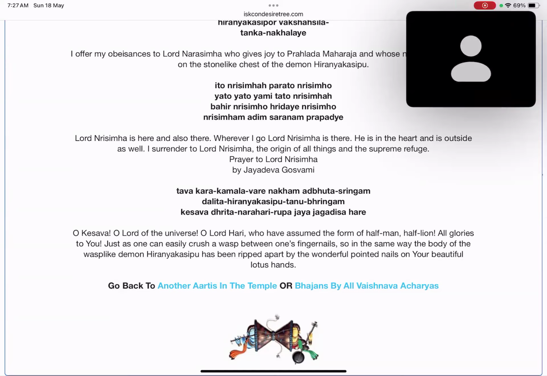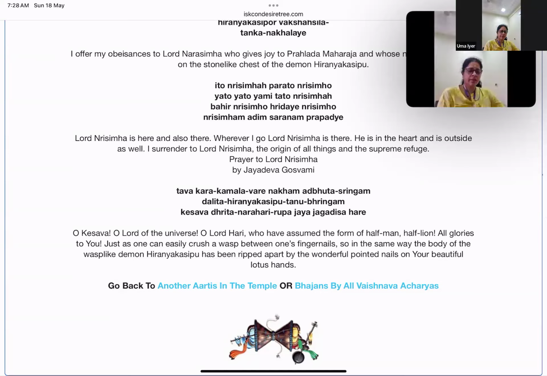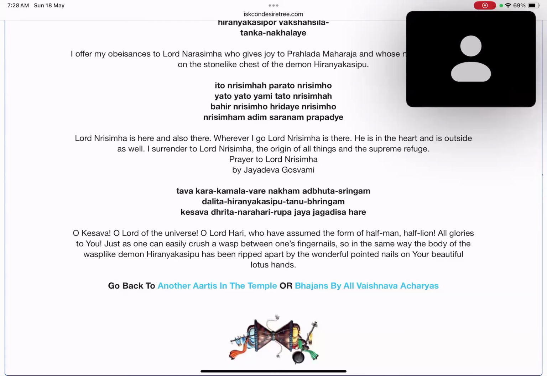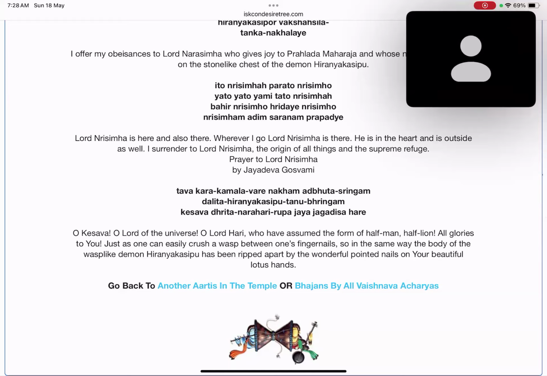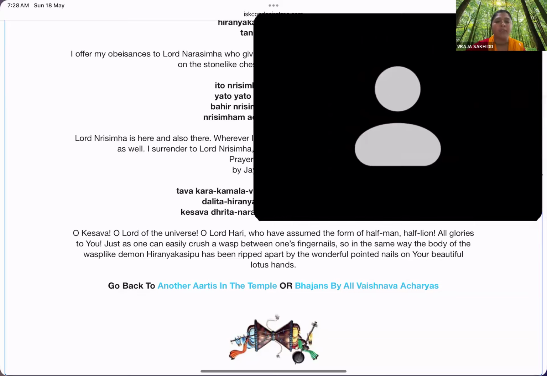Jaya Narasimhadev. Jaya Prahlad Maharaj. Jaya Prabhupada. Jaya Gurudev.